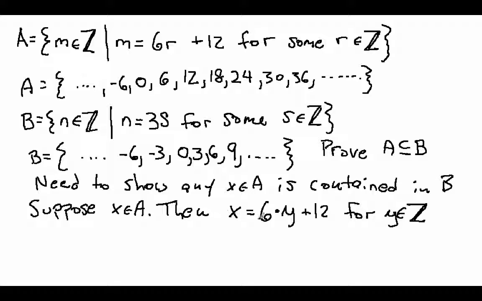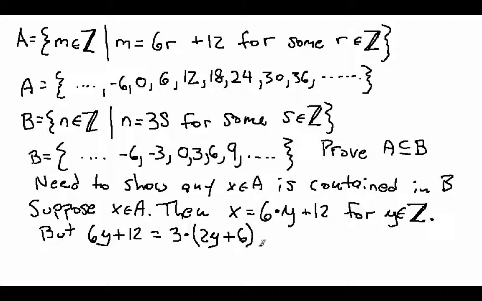That's fine. We're indicating that it is an integer, just like this r is an integer. Okay, so if I have this over here, then I say, but 6y plus 12 is equal to 3 times (2y plus 6). That's simple mathematics.